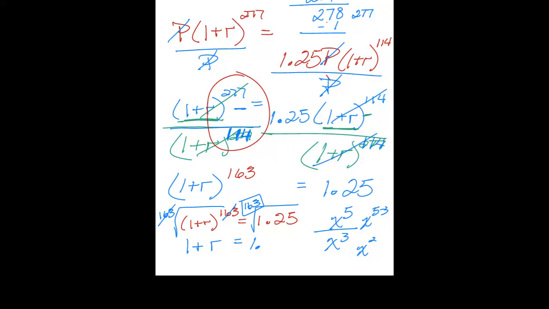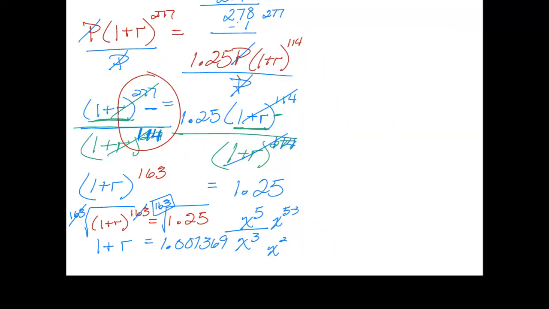The 163rd root of 1.25 gives you 1.001369. Running out of space.